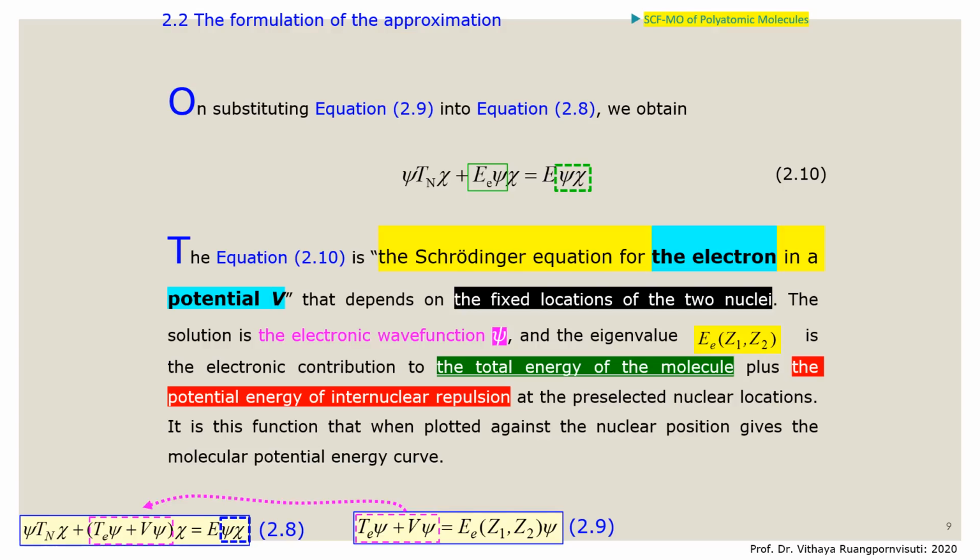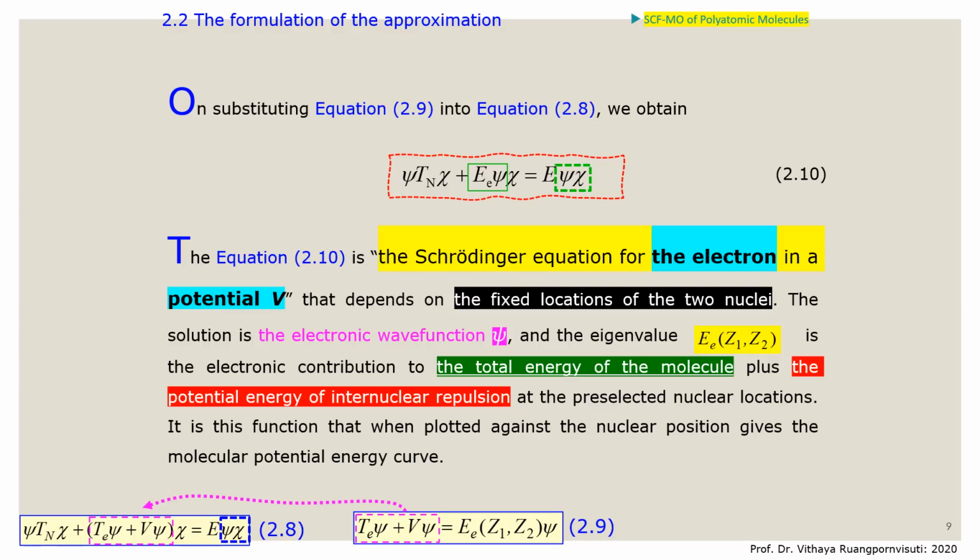Equation 2.10 is the Schrödinger equation for the electron in a potential V that depends on the fixed locations of the two nuclei. The solution is the electronic wave function, and the eigenvalue E of the electron depends on the positions of the nuclei C1 and C2.